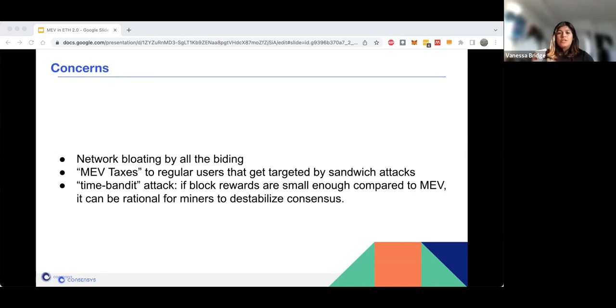There's also the MEV taxes by people engaging in sandwiching attacks, because it essentially artificially inflates prices for people that are just trying to buy or sell some tokens because someone else saw that and tried to make an opportunity out of it. And especially the time bandit attacks, which play into destabilizing the consensus because they're playing on the ordering of the chain, and that could cause forks or things that are not good. Next slide.